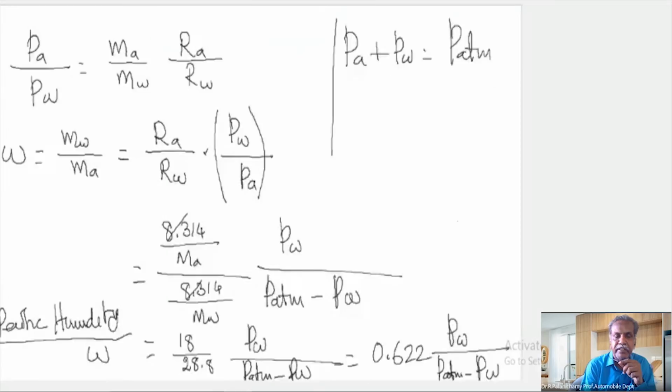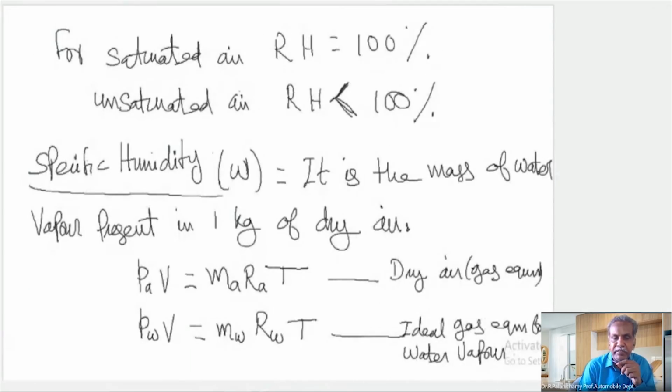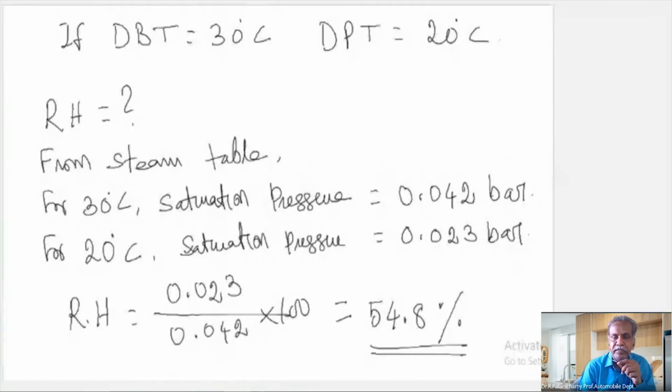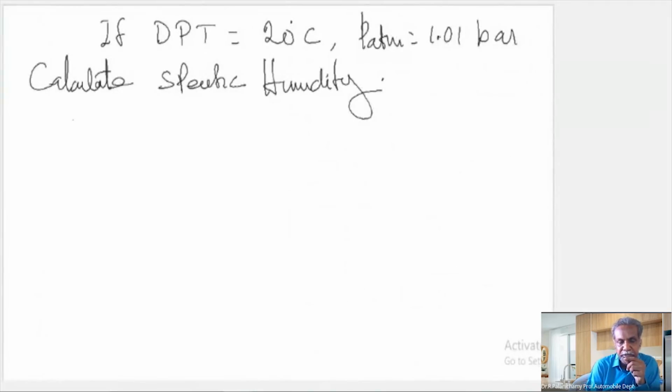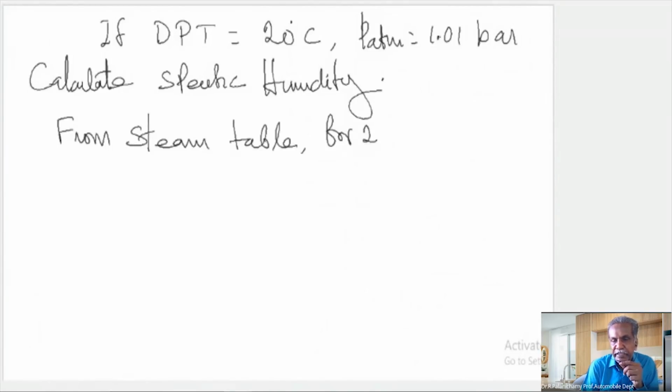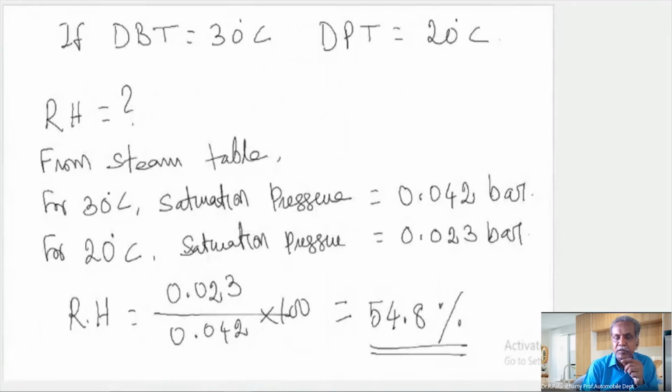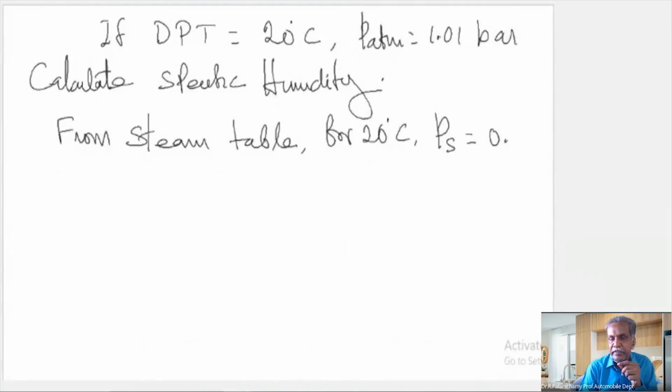Here already I know the partial pressure of water vapor corresponding to 20 degree centigrade எனக்கு தெரியும். From steam table for 20 degree centigrade, PS saturation pressure is 0.023 bar.